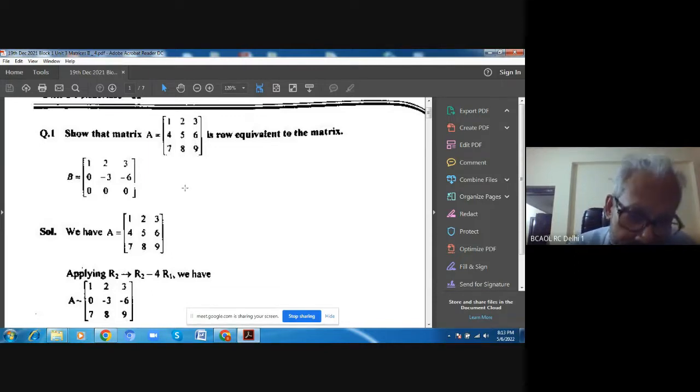In that case, there are three linear equations: the first equation in the first row, the second equation in the second row, and the third equation in the third row. Within these equations, if you nullify and reduce the elements at the corner side, then in this case, as you see, at the corner all are 0.